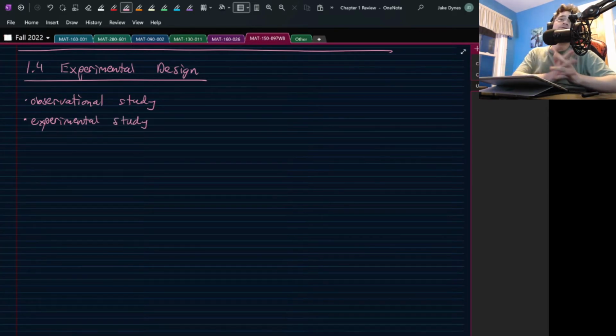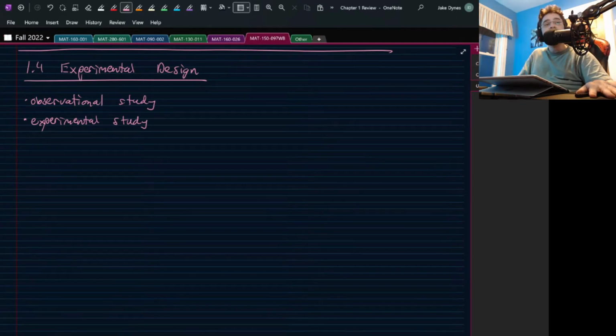And in an observational study, the researcher is only observing what is happening or what has happened in the past and tries to draw conclusions based on these observations. So they're not actively doing anything to the subjects being researched. They're not making any changes, essentially.